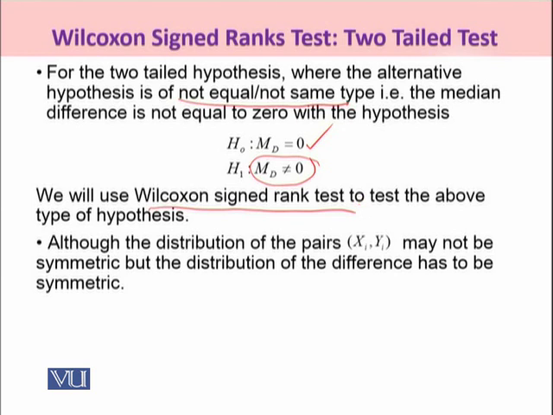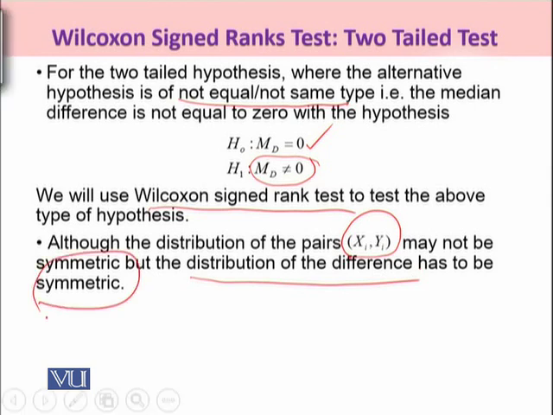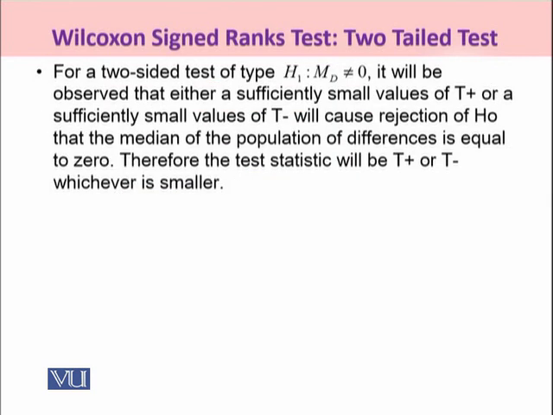Although we are not assuming that the pairs xi, yi follow a symmetric distribution independently, the mandatory requirement is that the distribution of the difference has to be symmetric in nature. If this assumption is true for the data given in the form of pairs, or a related sample, then we can apply the Wilcoxon Signed Rank Test.